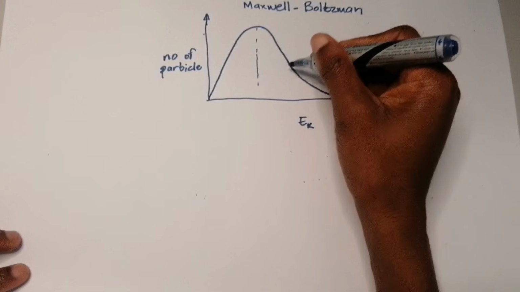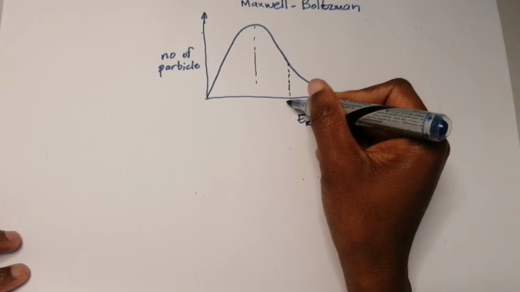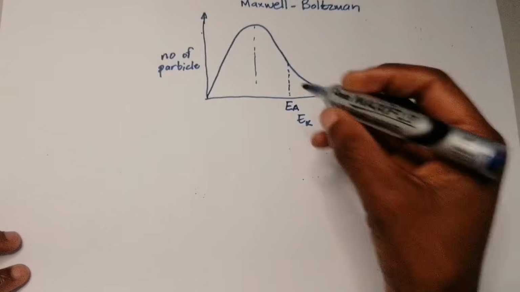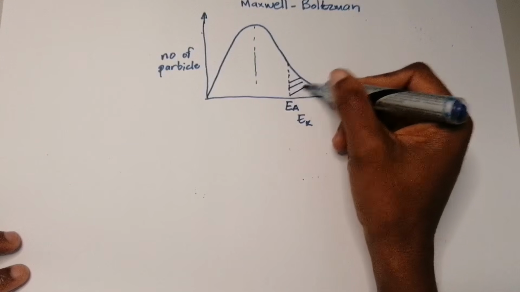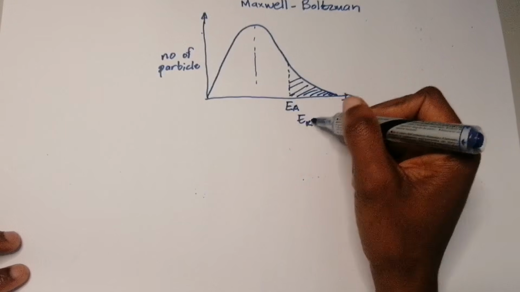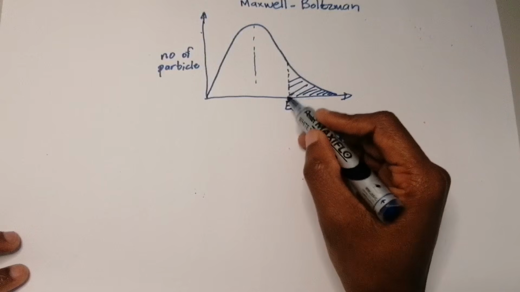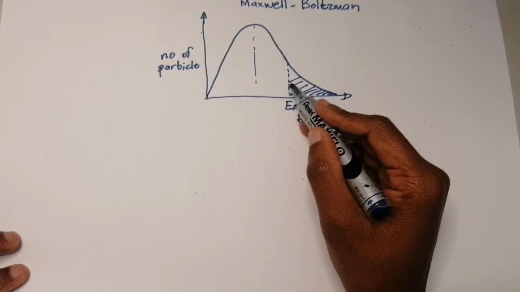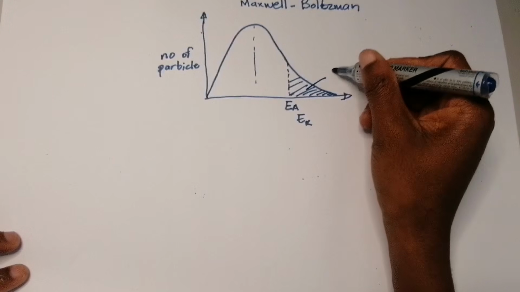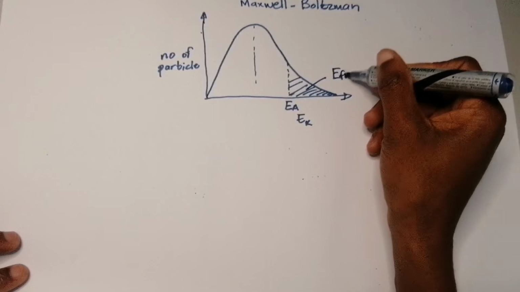Let me quickly get to something. This one here is what we call the activation energy. Any particles that have kinetic energy greater than this minimum, anyone that crosses this line, would be able to form effective collisions.